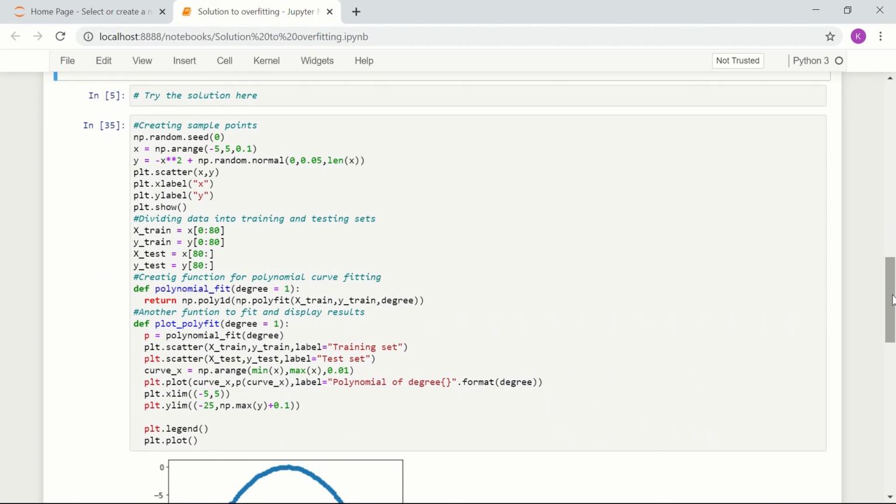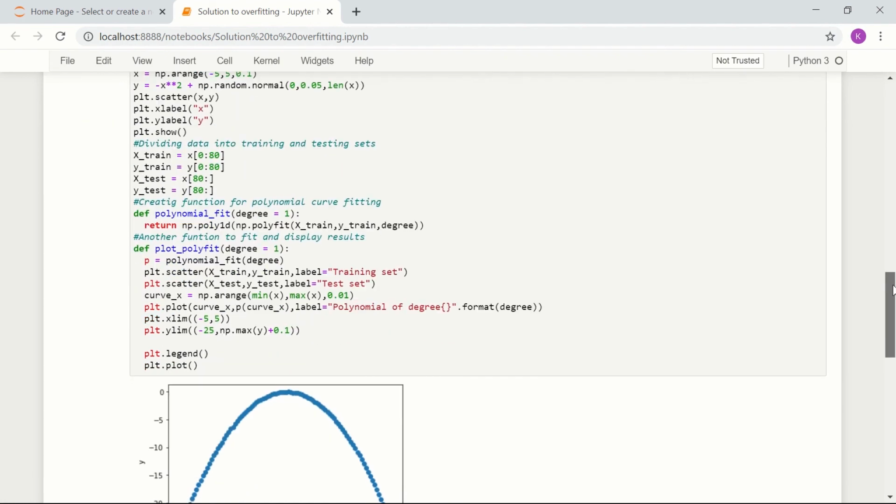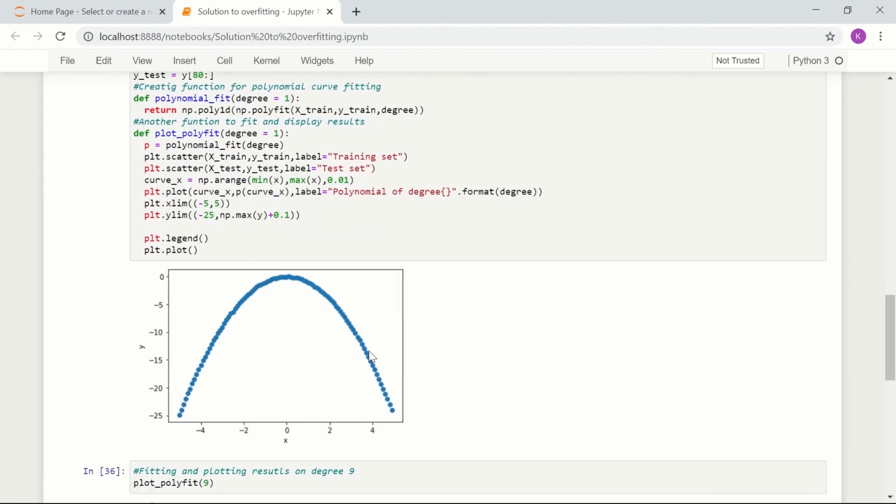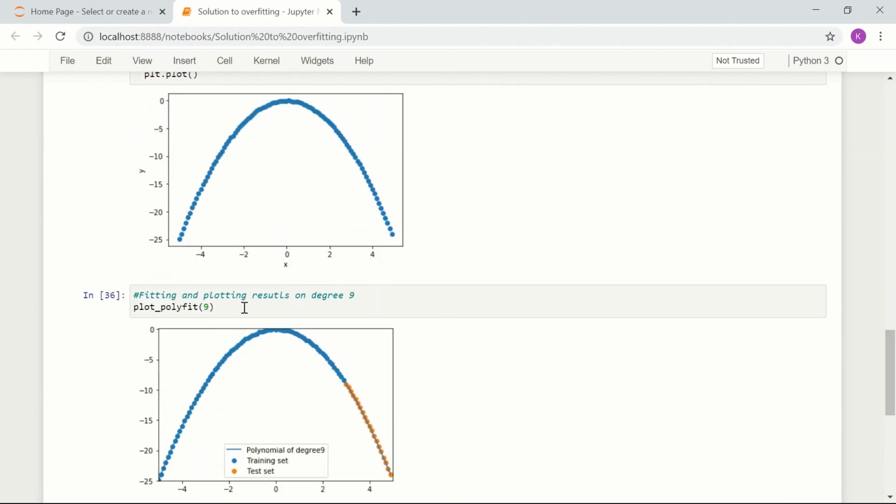So we are using the first approach here to overcome the overfitting, which was to increase the data points. So we changed the data a bit, and we increased the number of data points from 20 to 100. And again, we split the data into training and testing sets, and let's see what happened when we increase the data. Here is the data plotted, the 100 points, and when we fit using the same polynomial degree, which was 9, the training data was fitted perfectly, and it is also fitting the testing data.